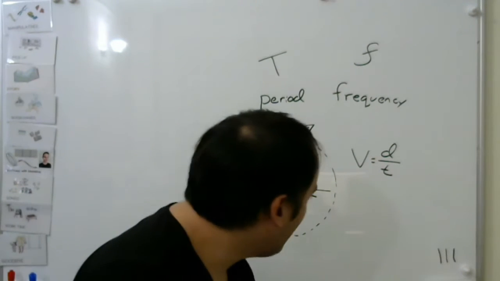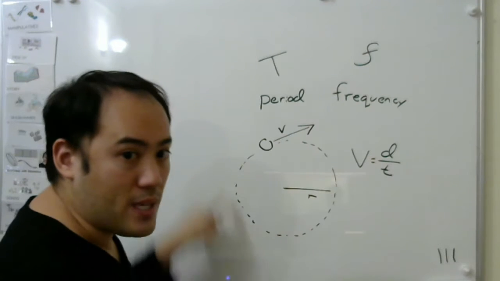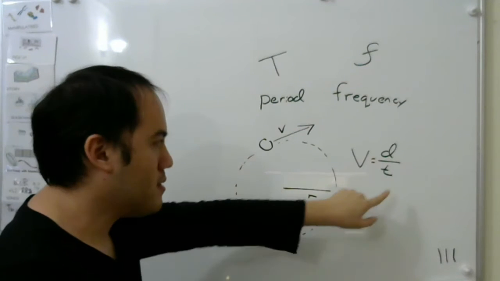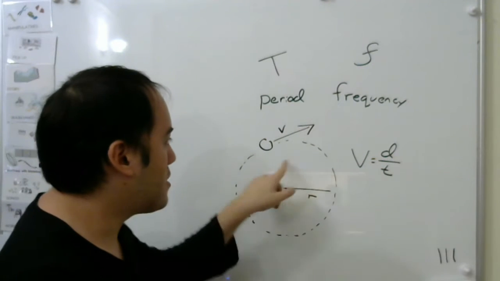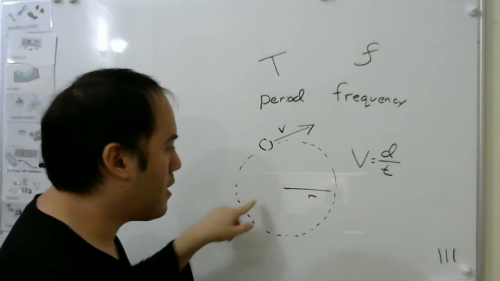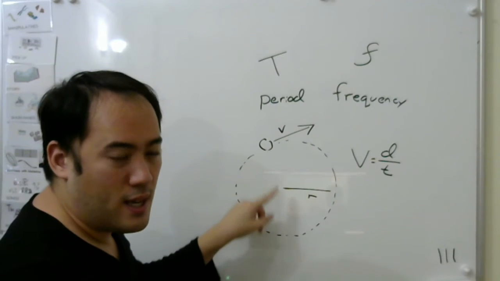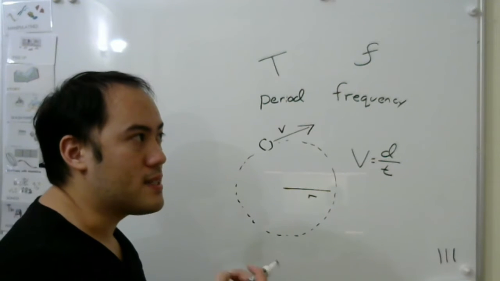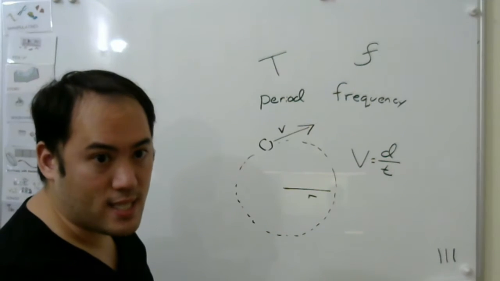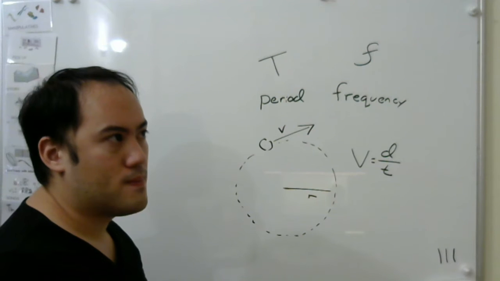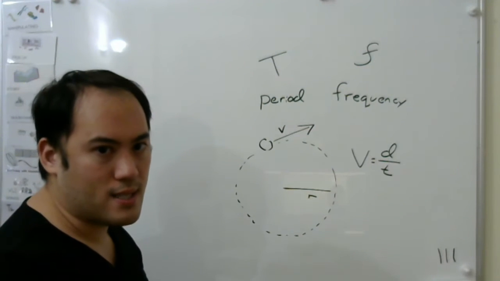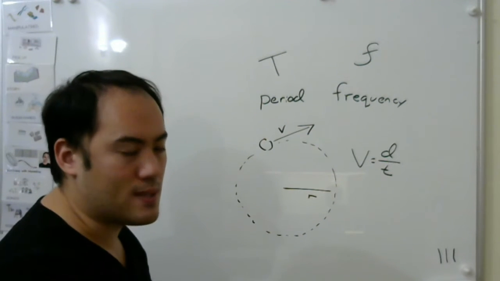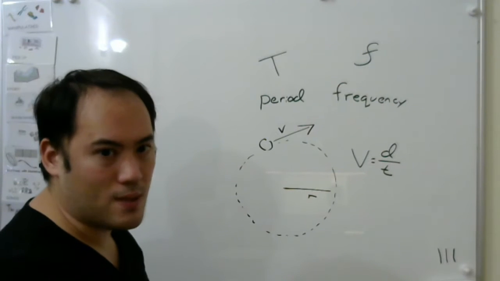That's right, yeah. In one period of revolution, the distance traveled is 2 pi r, the circumference. And in this case, speed is the same as magnitude of velocity because it doesn't change. This never changes speed, never speeds up or slows down.